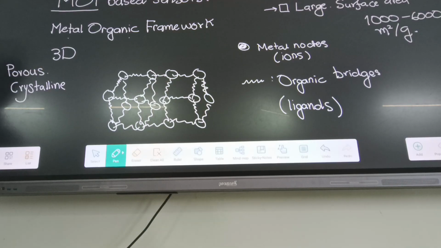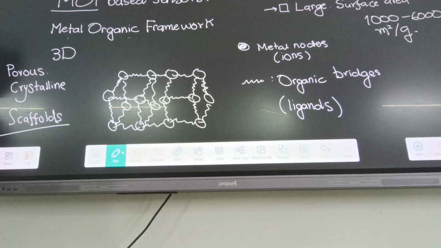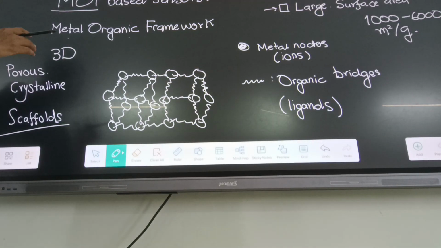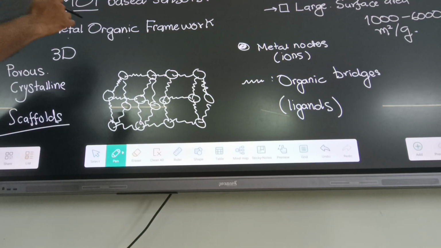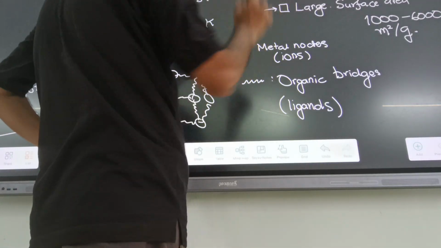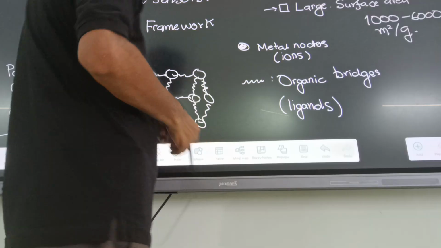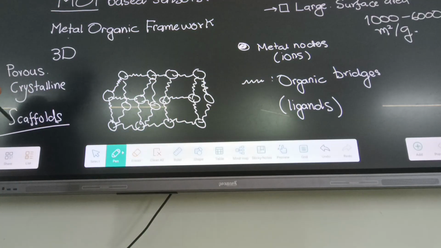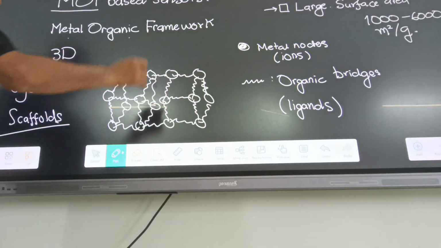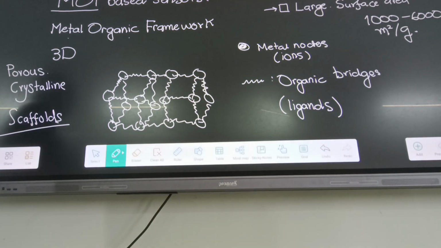So these structures have got porosity and very large surface area, and the composition is chemically active.